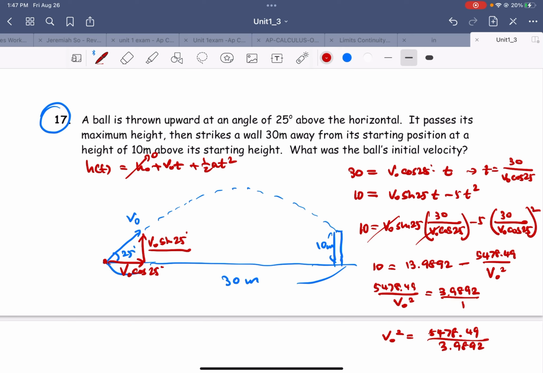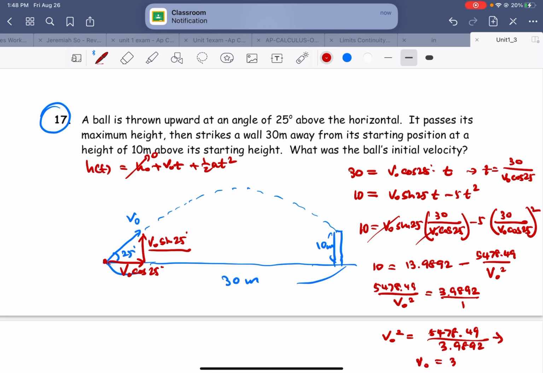So square root of that fraction, that point divided by 3.9892. So I got around 37. So v naught is around 37 meters per second.